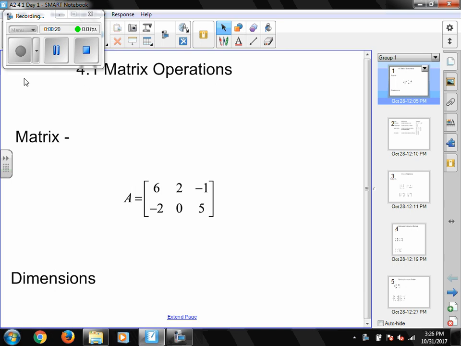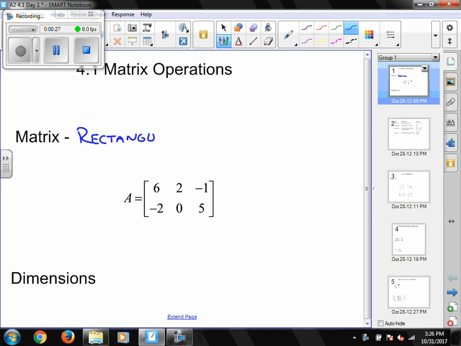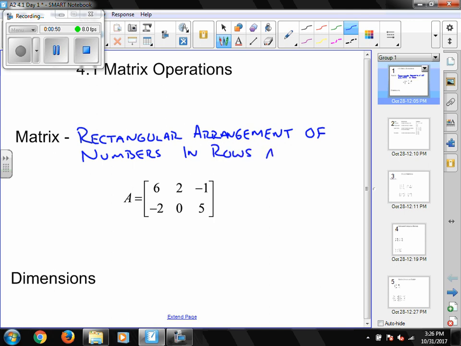A matrix is a rectangular arrangement of numbers in rows and columns.